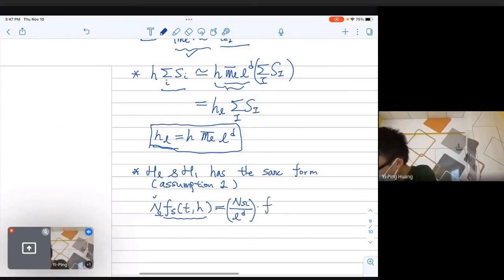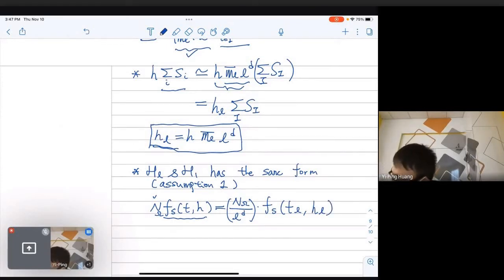And now you have the singular part of your free energy, but now with the effective reduced temperature that is defined at length scale L, and the effective external field that is defined at length scale L. Okay, so here the assumption one gives us is that the function Fs should be the same for different length scales. Because the model is basically the same, the free energy will be the same; the only difference is the parameters.